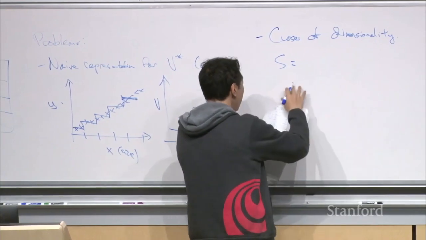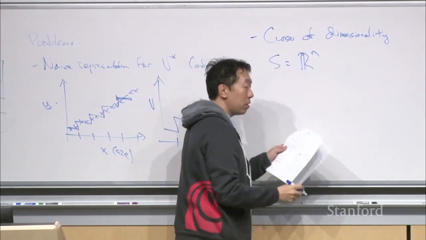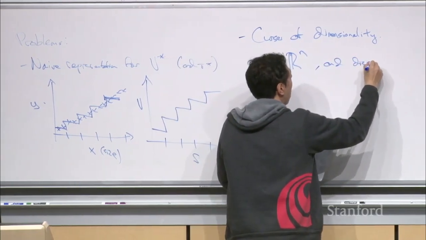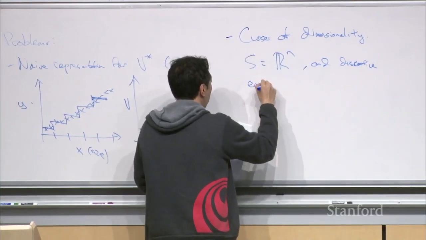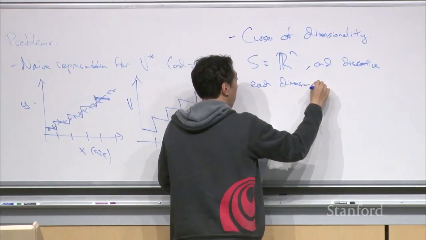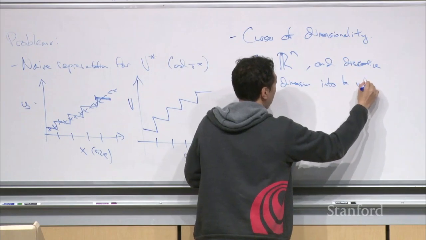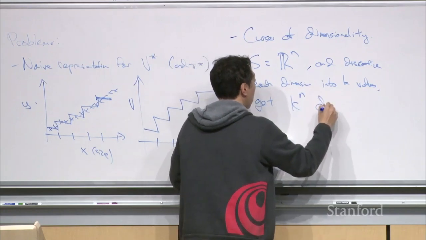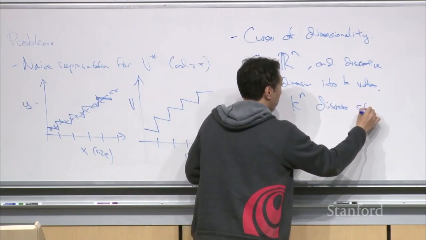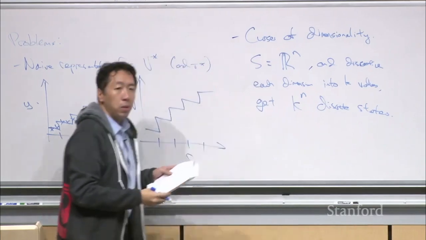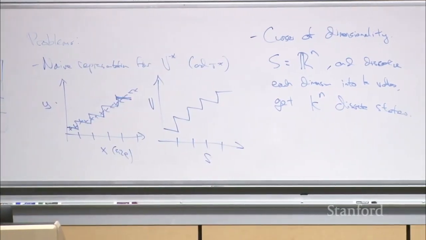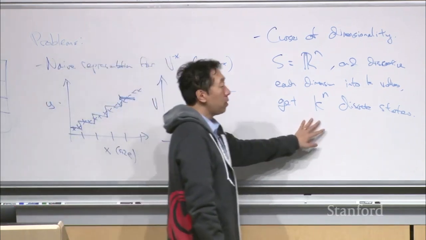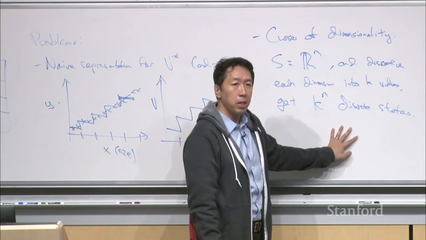It's a cool sounding name, but what it means is that if the state space is in R^n and you discretize each dimension into k values, then you get k to the n discrete states. Right? So if you discretize position and orientation into 10 values, which is quite small, then you end up with 10 to the n states, which grows exponentially in the dimension of the state space n.